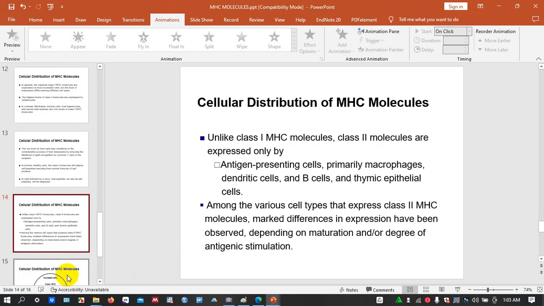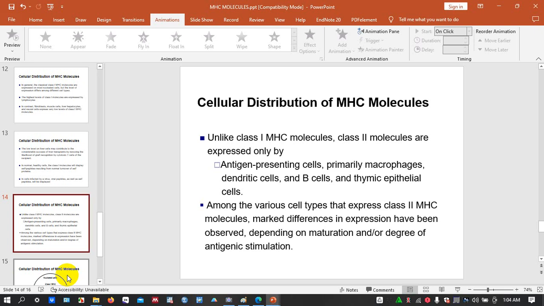Unlike class 1 MHC molecules, class 2 molecules are expressed only by antigen presenting cells. I've explained this: primary macrophages, dendritic cells, B cells, and thymic epithelial cells.